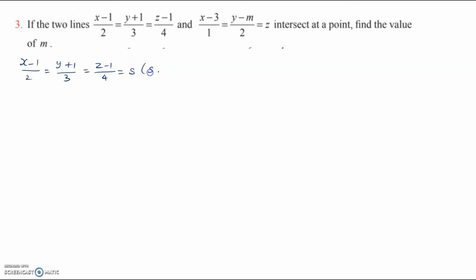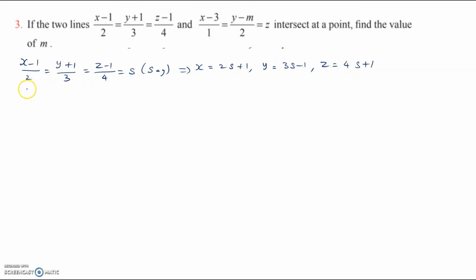So rearranging this, we can say x is equal to 2s plus 1 and y is equal to 3s minus 1 and z is equal to 4s plus 1. So that is our point.